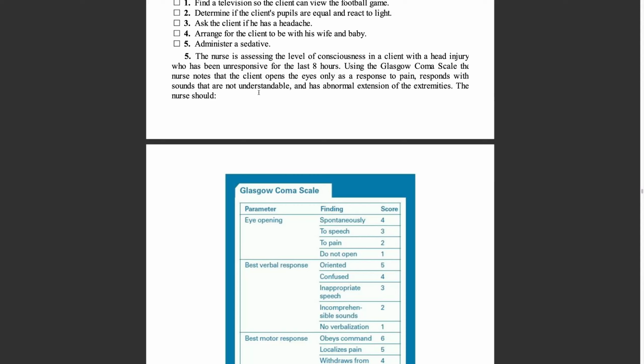Okay, so using the Glasgow Coma Scale, the nurse knows that the client opens their eyes only as response to pain, 2, response to sounds that are not understandable, 2, and has abnormal extension of the extremity, 2.